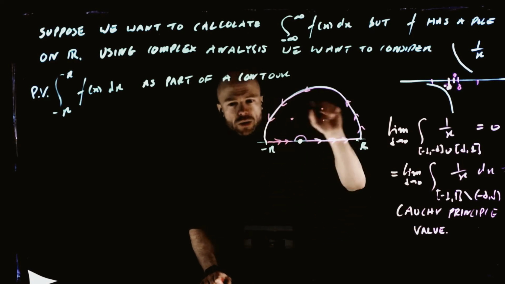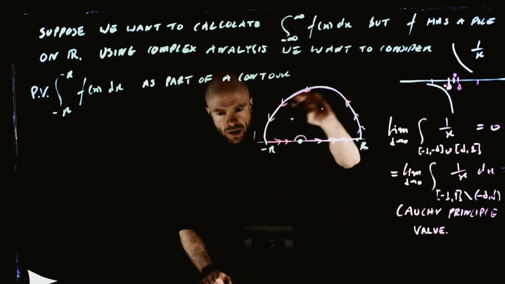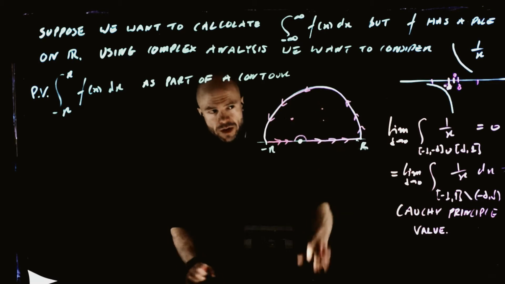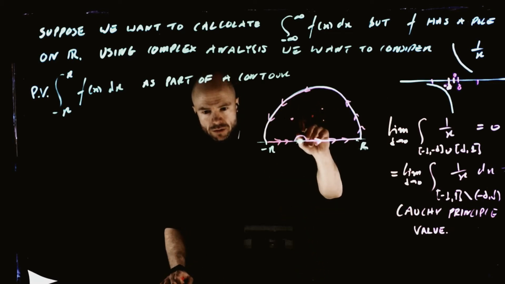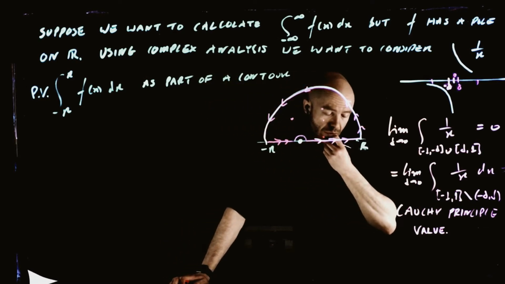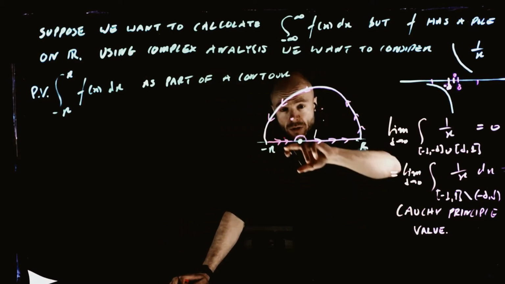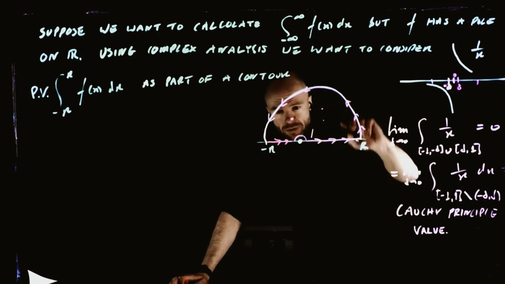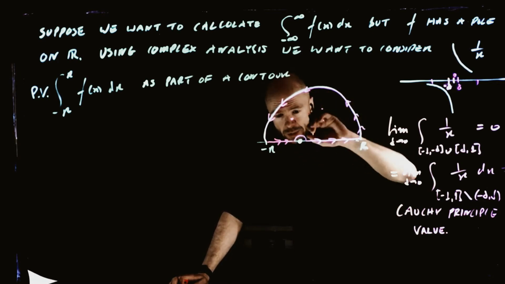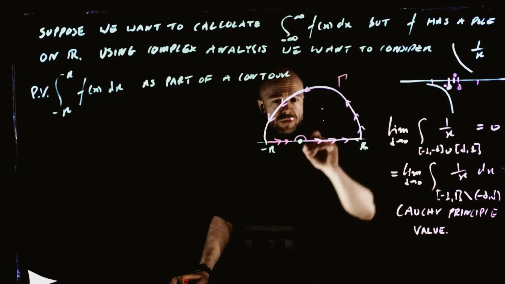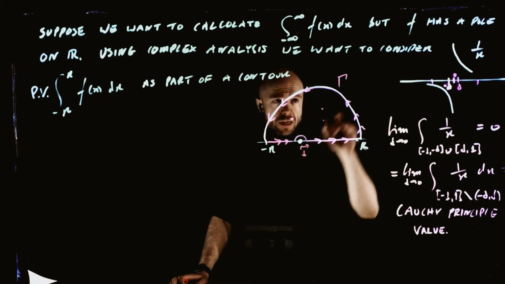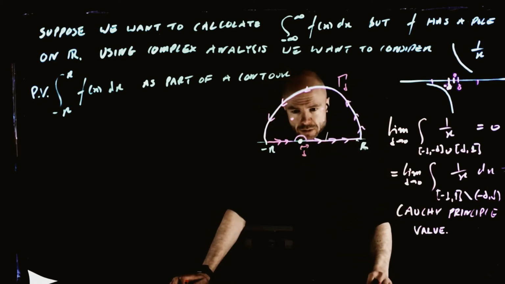So then we can actually apply the residue theorem to this contour. Yeah? And what will that give us? That will give us the complex integral around this particular contour. So if this thing is, say, delta, then this will depend on delta. And ultimately we're going to take delta down to 0.